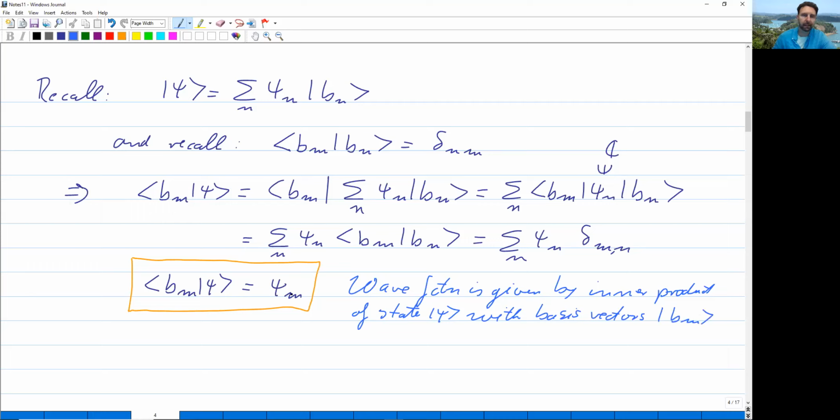Remember that the ψm form the wave function of our state in this case in the Bn basis.